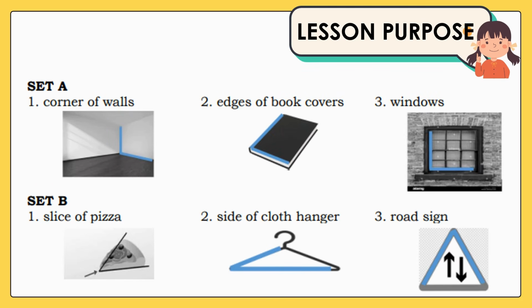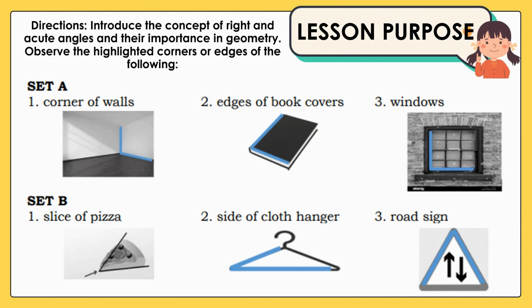Let's have an activity. Directions: introduce the concept of right and acute angles and their importance in geometry. Observe the highlighted corners or edges of the following. Set A, number 1, corner of walls. Number 2, edges of book covers.